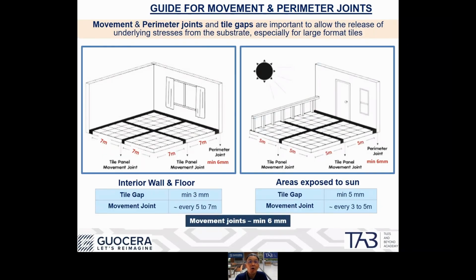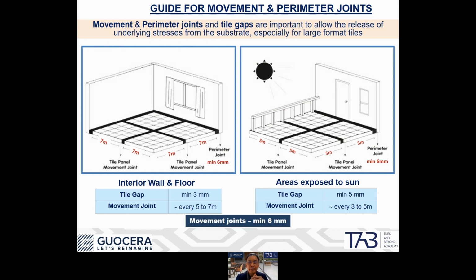Next, the guide for movement, perimeter joints, and also tile gap. Not only does the tile gap need to be allocated, but also movement and perimeter joints. They are so important to release the underlying stresses from the substrate.